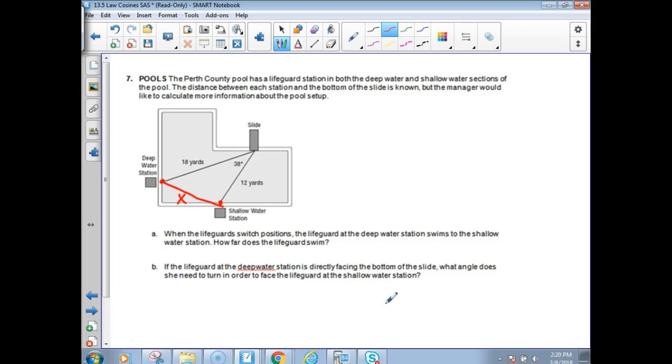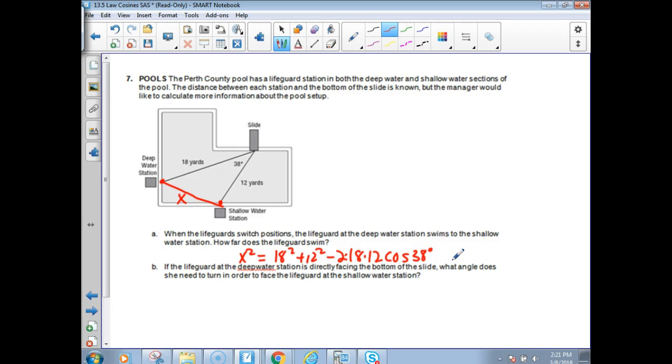We can use our law of cosines. So x squared, the distance we want to find, would equal 18 squared plus 12 squared minus 2 times 18 times 12 times the cosine of 38 degrees. So here's an application.